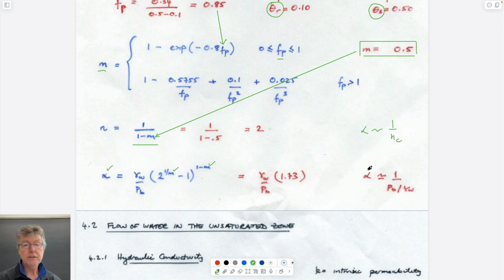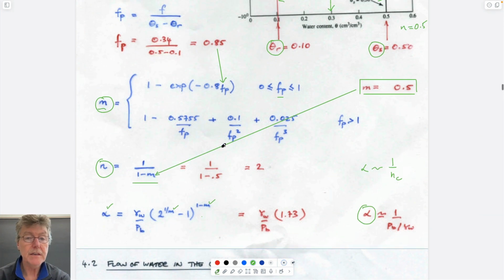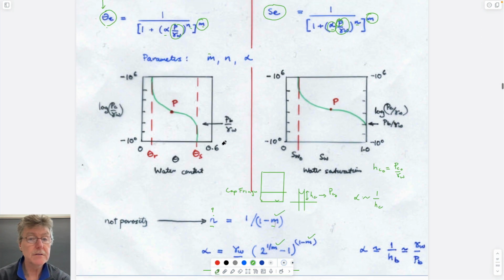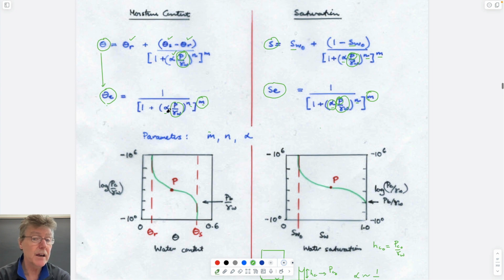So what we can do is define each of these parameters, alpha, n, and m, and these define the components that go into this empirical relationship, which looks a bit complicated, but it's not really that complicated. If we have values of alpha, n, and m, we can put together the volumetric moisture content or the saturation against the capillary pressures that we have.